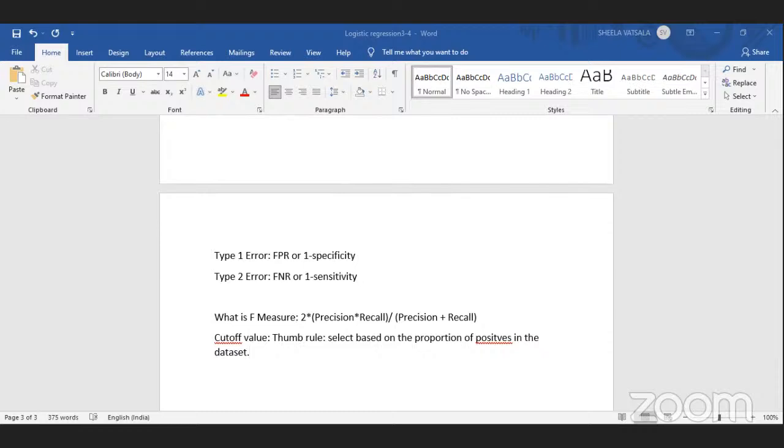The whole idea of logistic regression depends on this formula, odds ratio, right? Yeah, e raised to y by 1 plus e raised to y, that is a logit function, yes. But I'm trying to understand what do you mean by odds ratio.